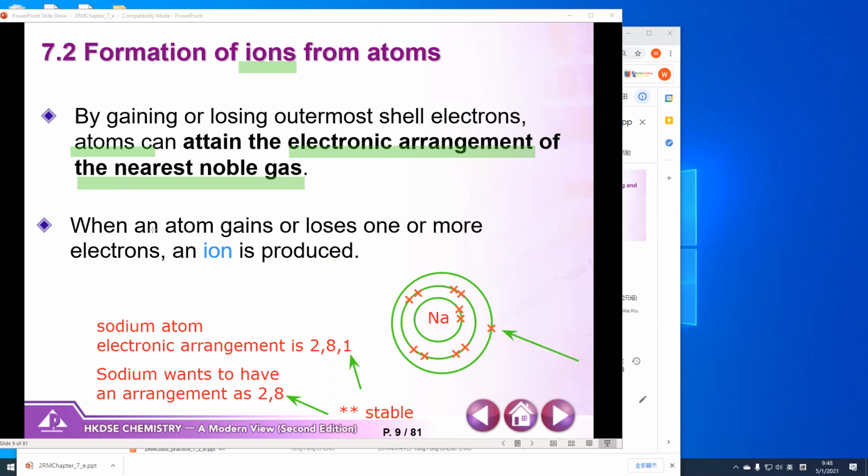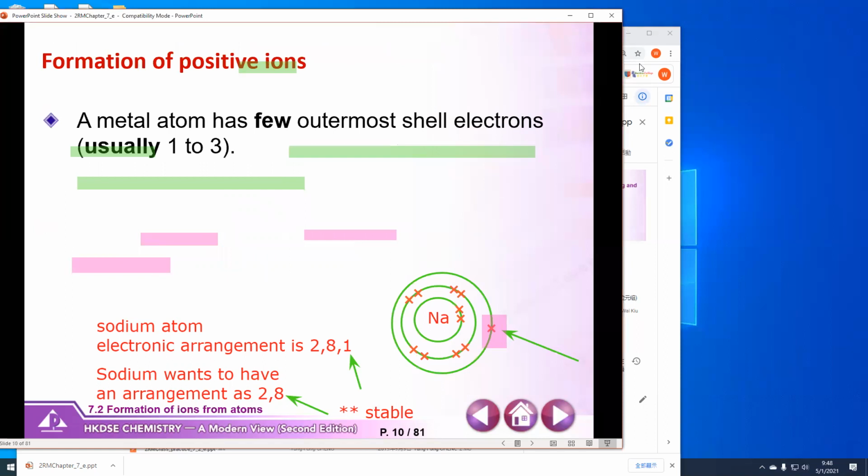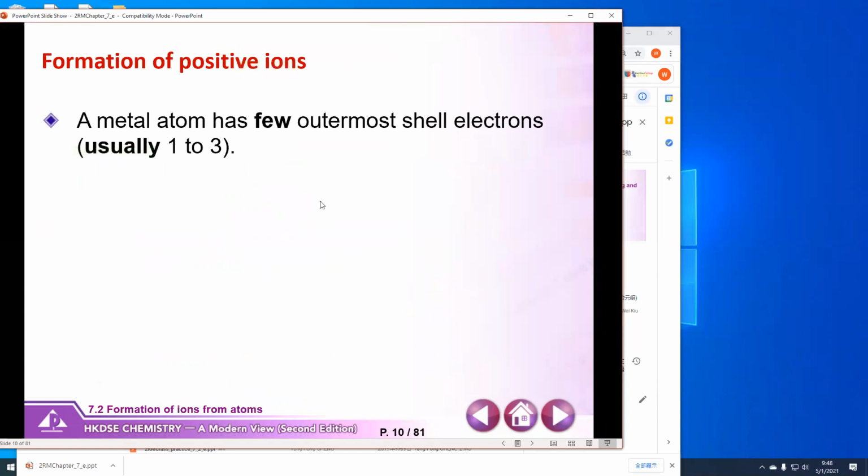You expect the atom may lose 1 electron in this case. Therefore, you expect sodium to lose this electron. And you can read afterwards. A metal atom usually has few outermost shell electrons.